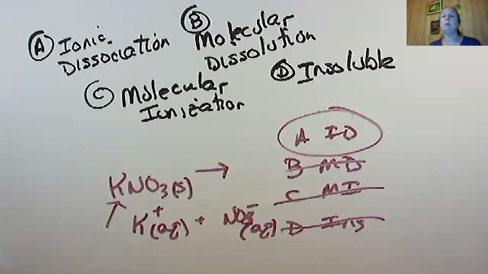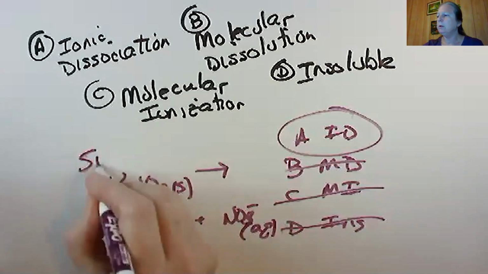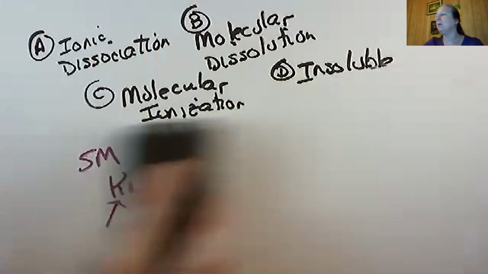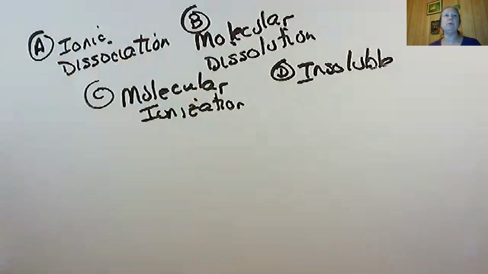We call it a sodium chloride solution, and we give a concentration to it. Remember that molarity? We'll say you have 5 molar potassium nitrate, aqueous. That's how you would label it. So anytime you hear solution, you know it's dissolved. And if it's an aqueous solution, it's dissolved in water.